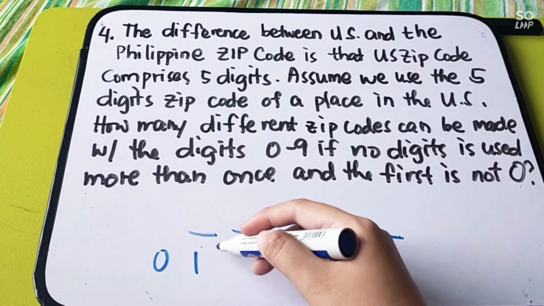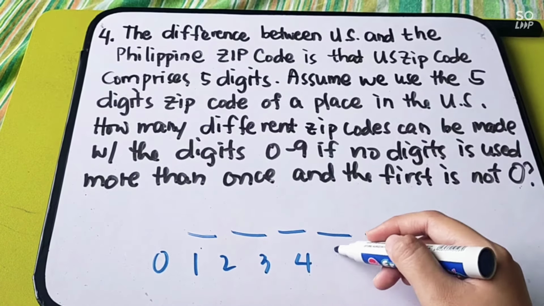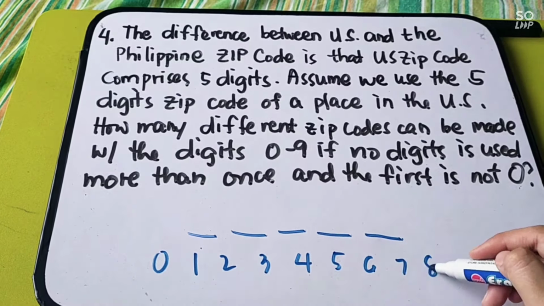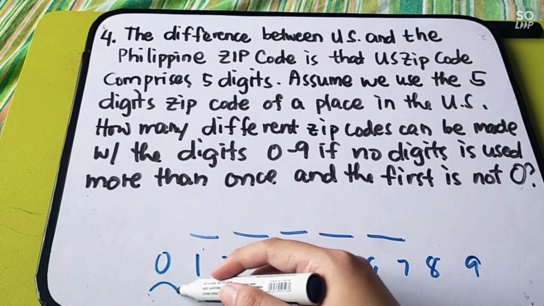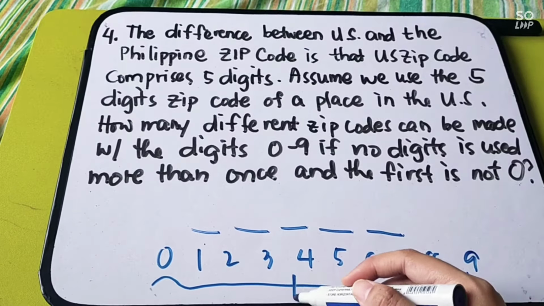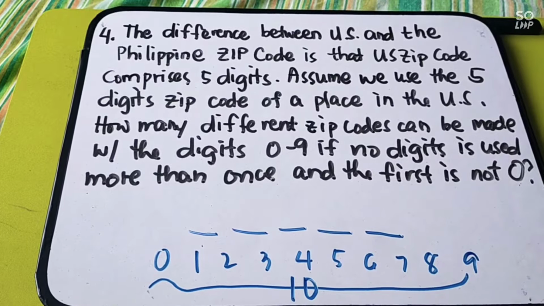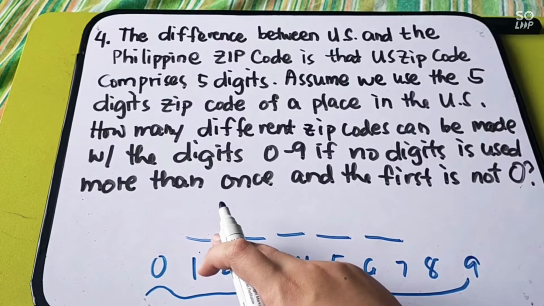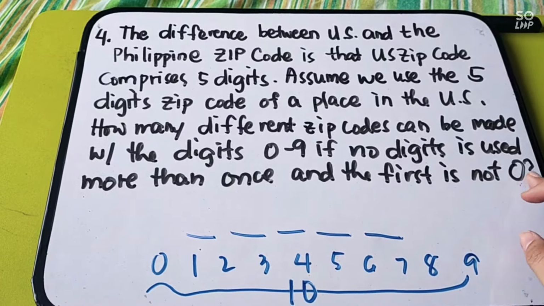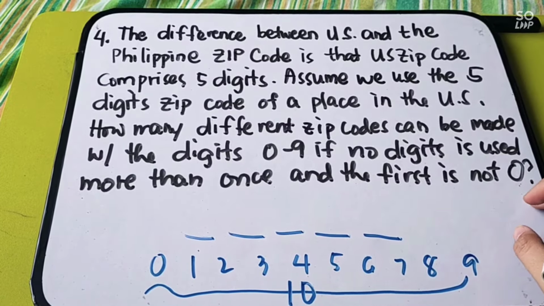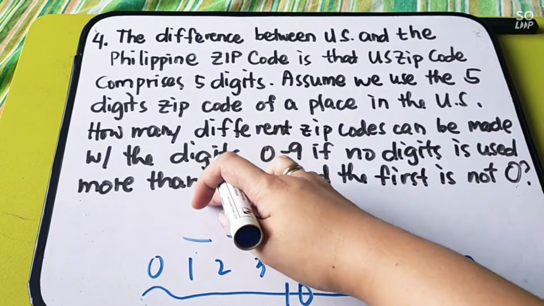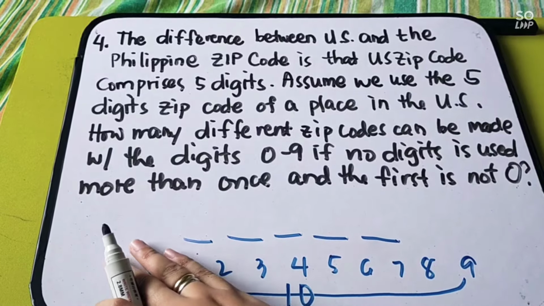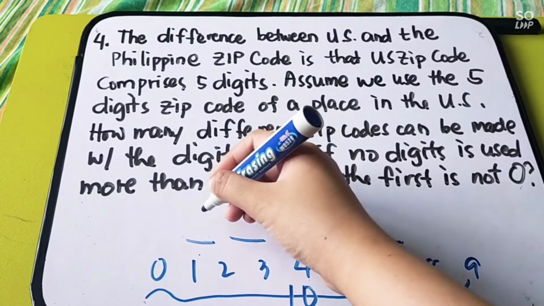So, 0, 1, 2, 3, 4, 5, 6, 7, 8, and 9. So, these are 10 numbers. So, dun sa unang number, hindi po pwede si 0. So, therefore, ilan na lang po ang pwedeng number dito? So, syempre, hindi pwede si 0, siyam na lang. So, right here, 9.